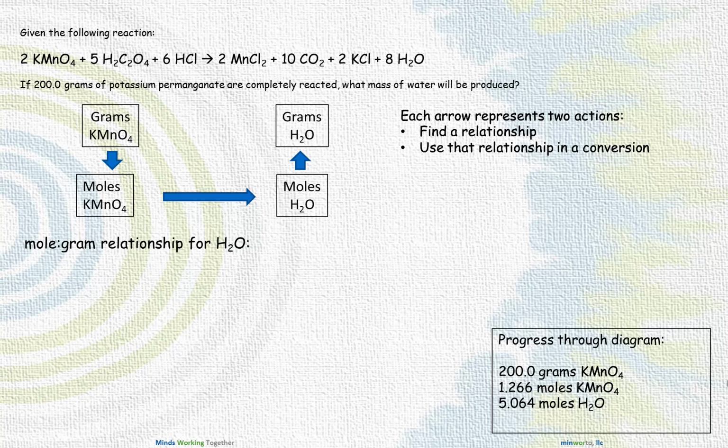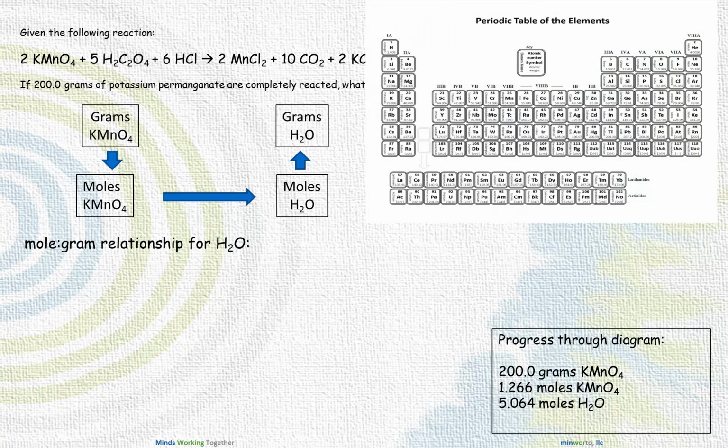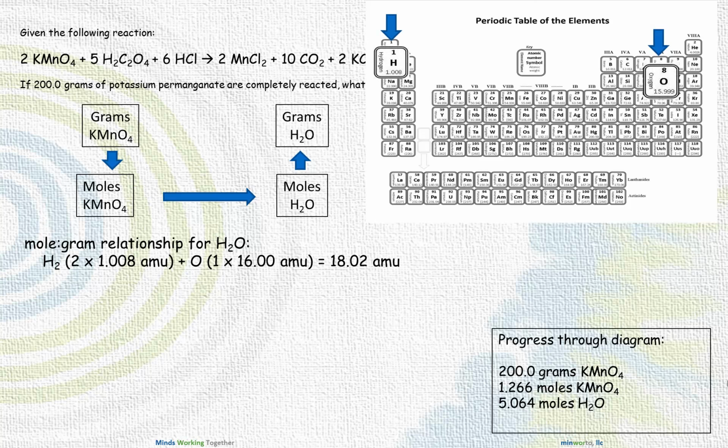And now we need to find the mole-gram relationship for water. Again, using our periodic table, we find the mass of one water molecule, adding together the masses of the 2 hydrogens and an oxygen. And we find out that 1 mole of water weighs 18.02 grams.